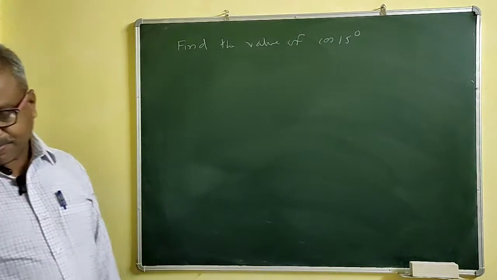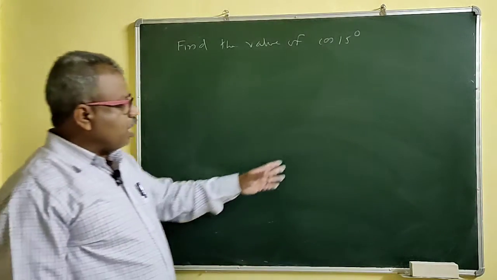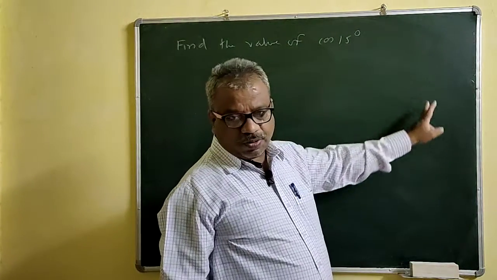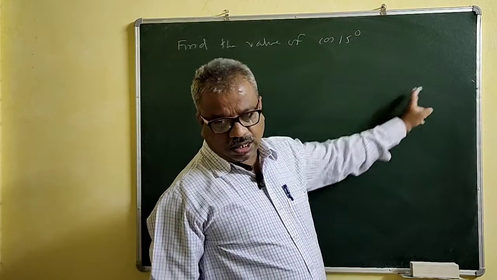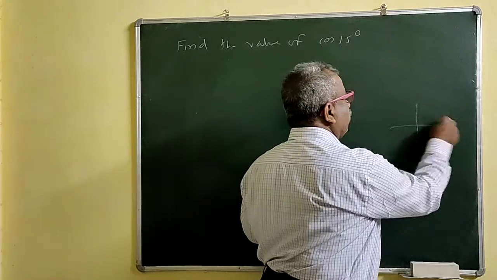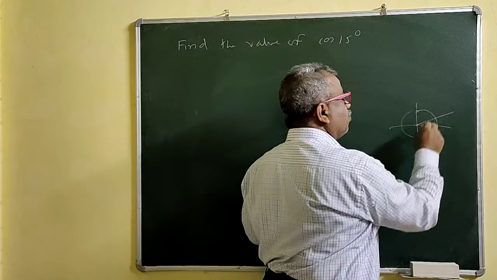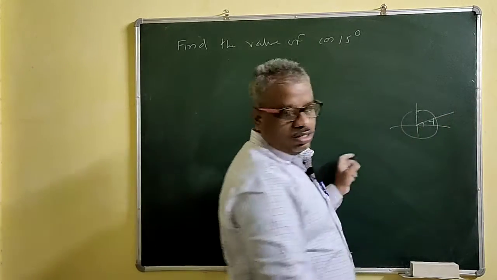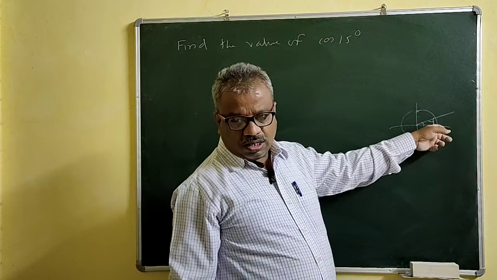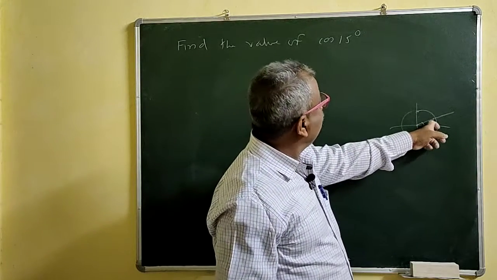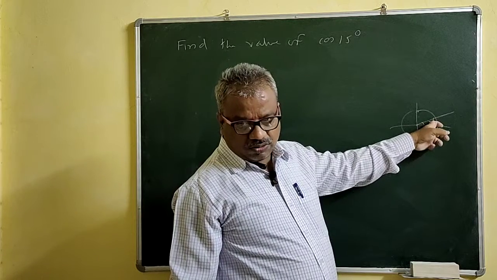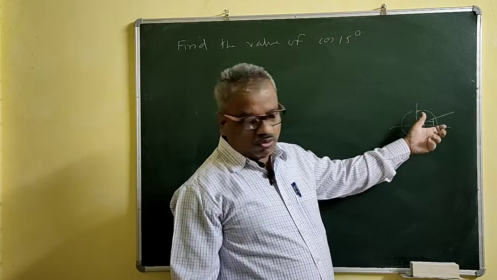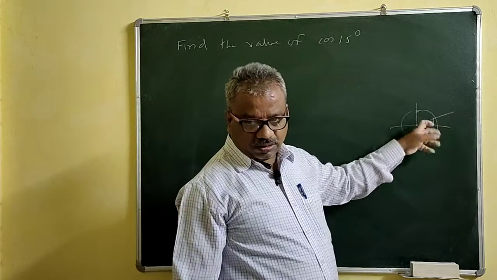Now see, if you want to find the trigonometry of 15 degree, that formula does not work here. This is 15, and this is 90 minus 15, that is 75 degree. You don't know the relation of this, right?